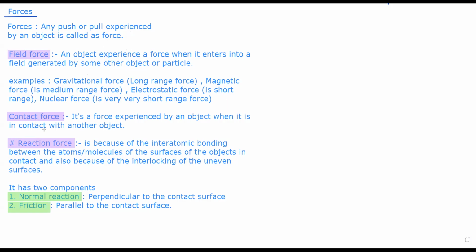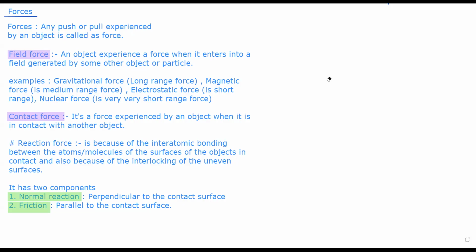Yes. ठीक है. ऐसा है. तो let's see gravitational force.